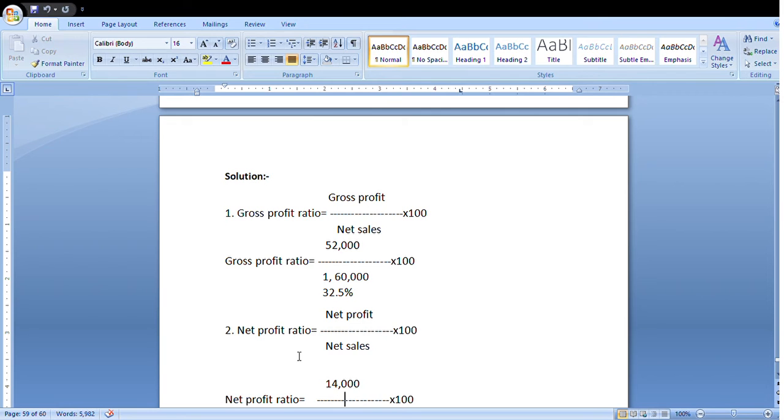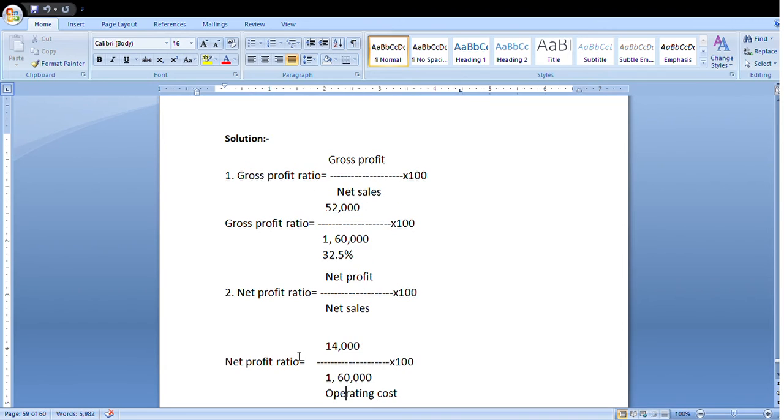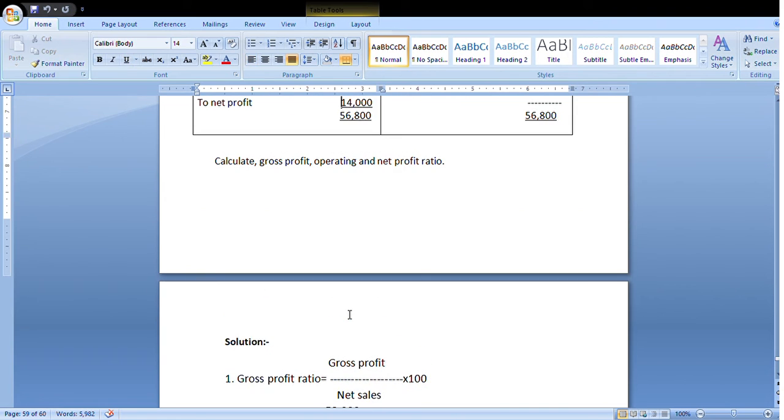This is the formula of net profit ratio. We need two things: one is net profit, second one is net sales. Net sales we already know is 1,60,000. Now you identify the net profit, which is also given in the problem.